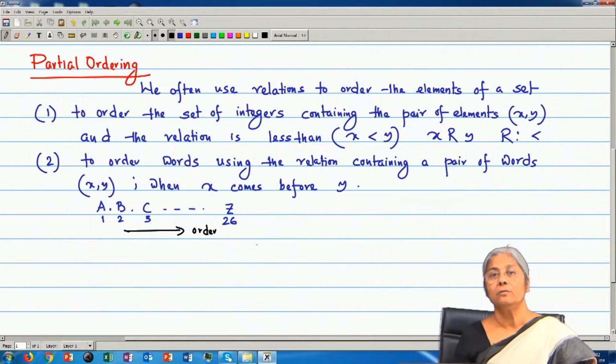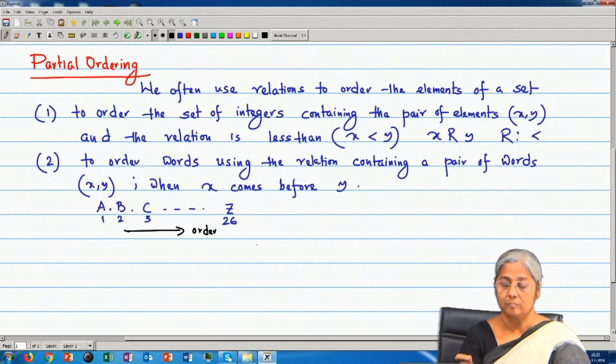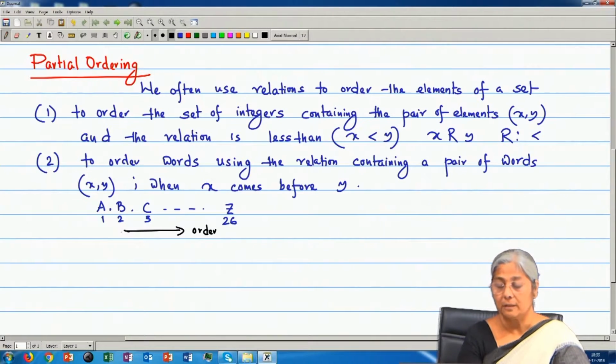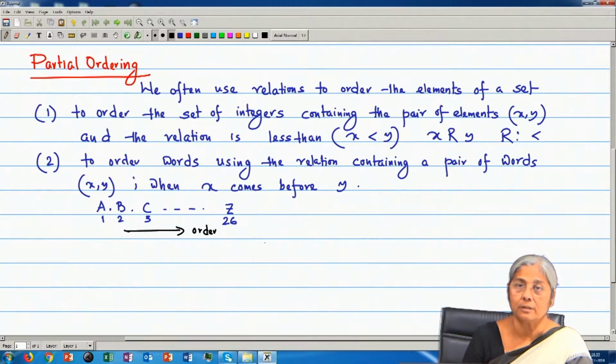This ordering will govern which letter comes before y. Say x comes before y if the position of x is less than the position of y, where positions means 1, 2, 3. And normally this is the ordering we use in a dictionary, and we will describe that in detail later.